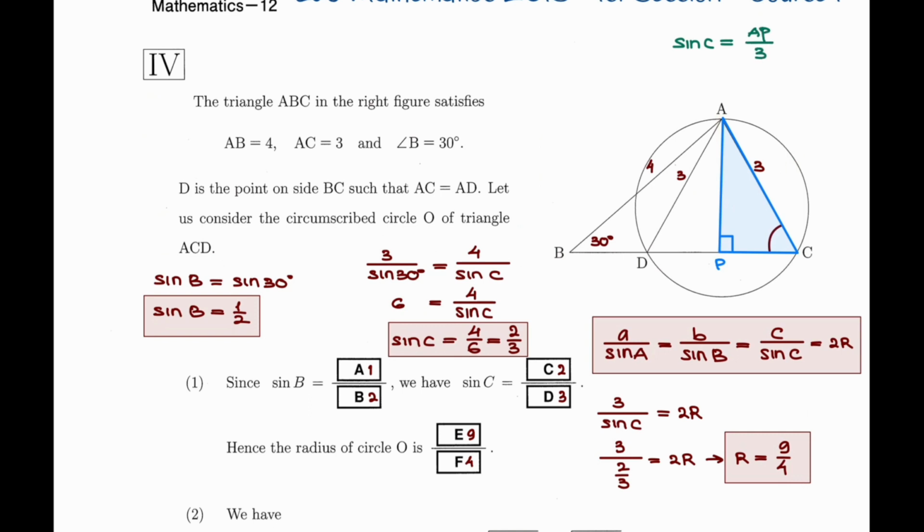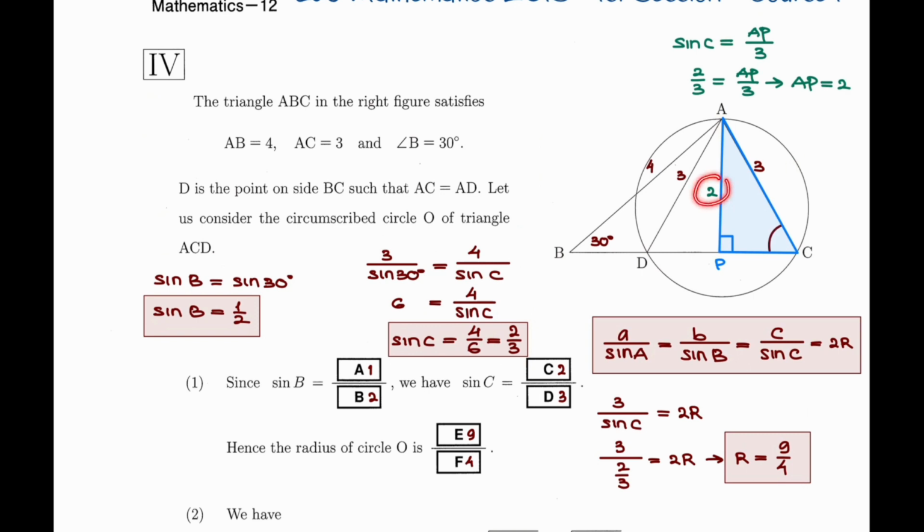The hypotenuse is equals to 3. Sine C is equals to 2 over 3, so 2 over 3 is equals to AP over 3. Therefore, AP is equals to 2.